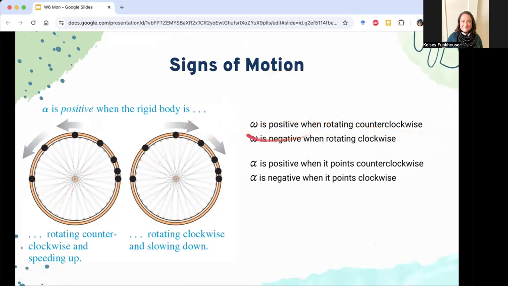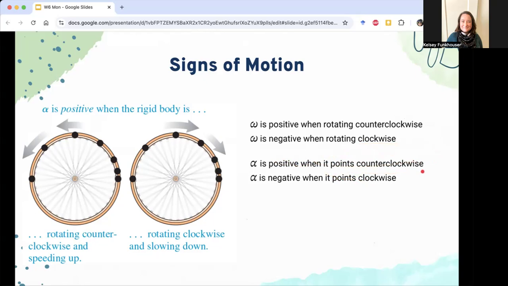So here, for example, we have the angular velocity is positive when rotating counterclockwise, because counterclockwise is positive rotation, and it's negative when it's rotating clockwise. And so the same relation works with angular acceleration. It's just like in general when it's pointing in that direction.